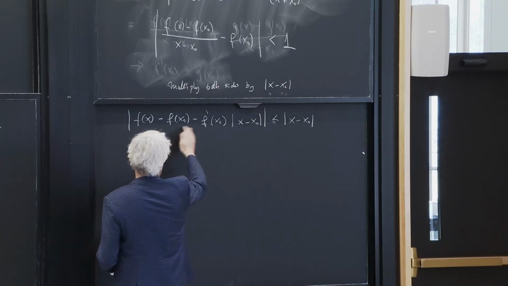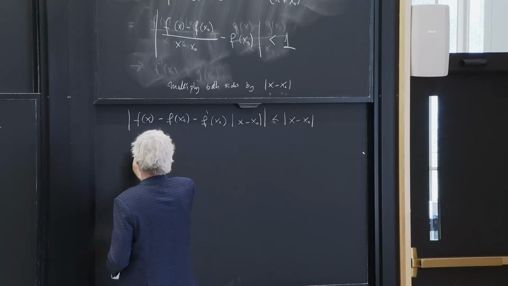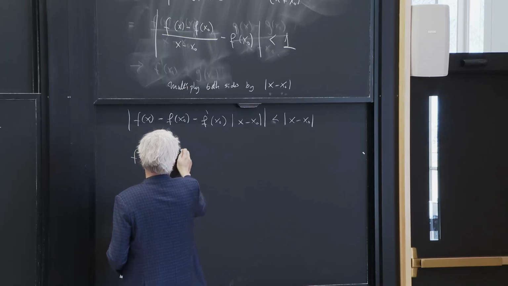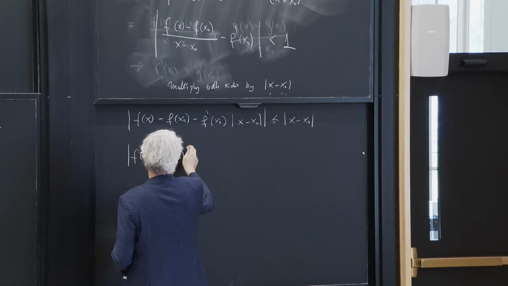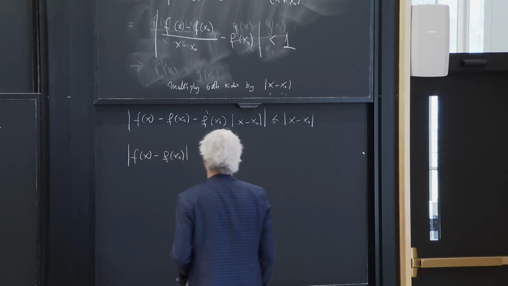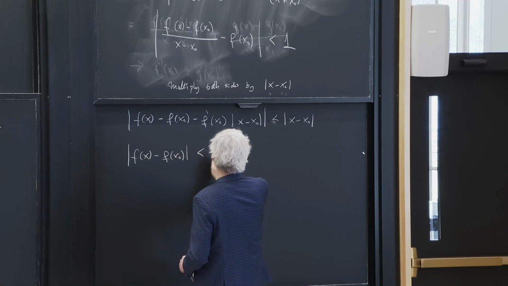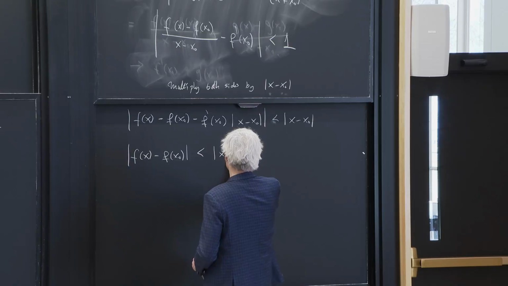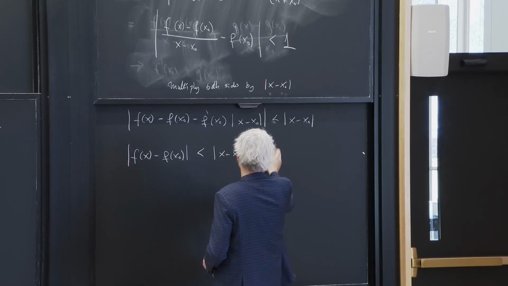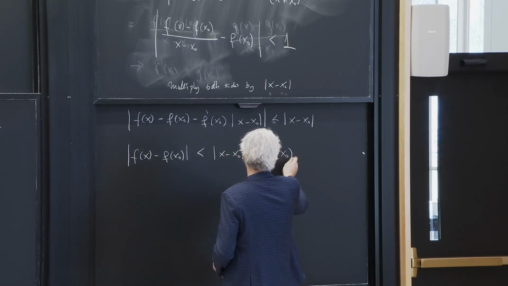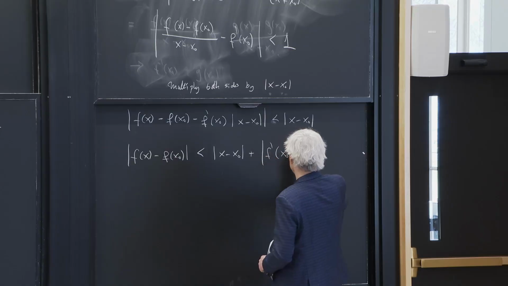So I just split it up. I have that f of x minus f of x0 is now less than x minus x0 plus f prime of x0 times x minus x0.